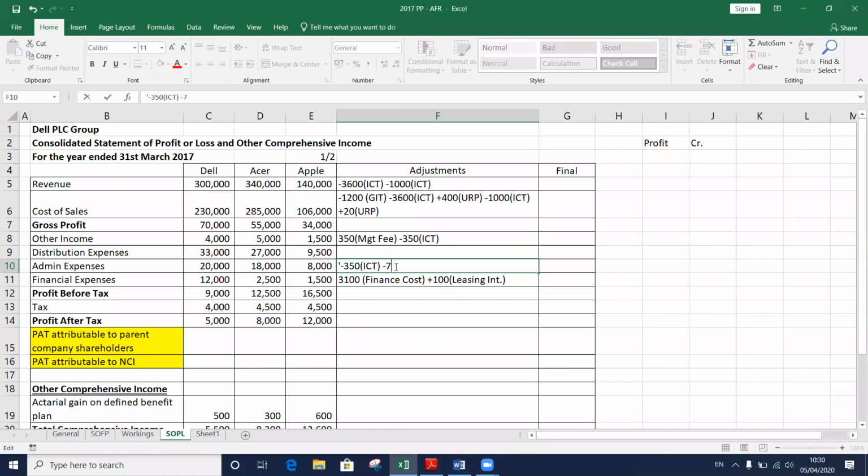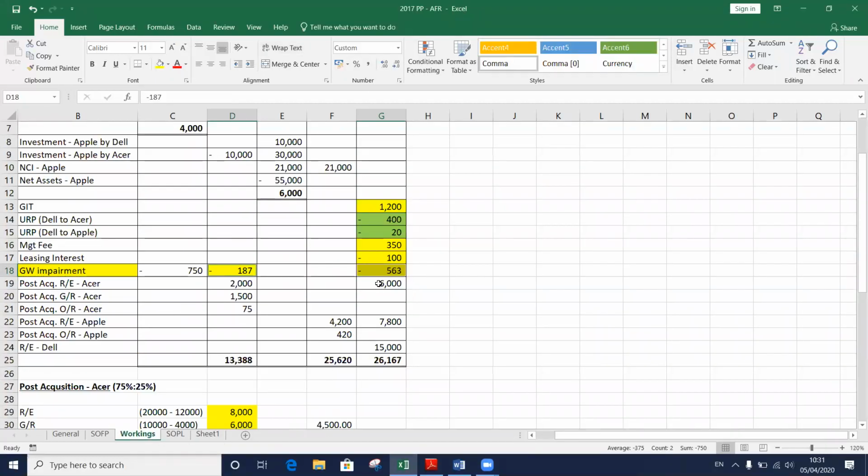Right, goodwill impairment 750. අපි එකතු කරමු 750. These figures මොනවද මේ 6000, 7800, 15000? මේ මොනවද?